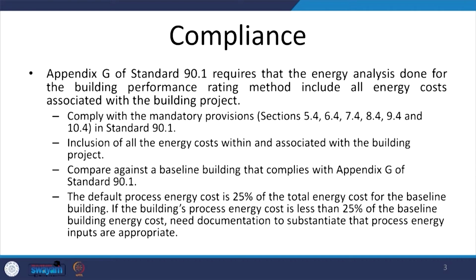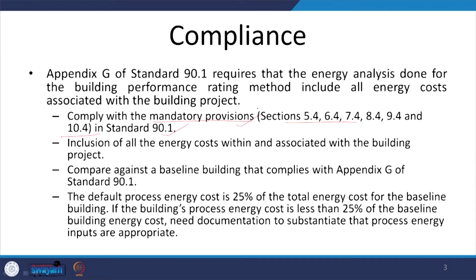Here the mandate is to comply with the mandatory provisions which are given in sections 5.4 to 10.4 of standard 90.1, if we are talking about ASHRAE. In case of ECBC, through chapters 4 to 7 we talk about complying with the mandatory provisions of ECBC.